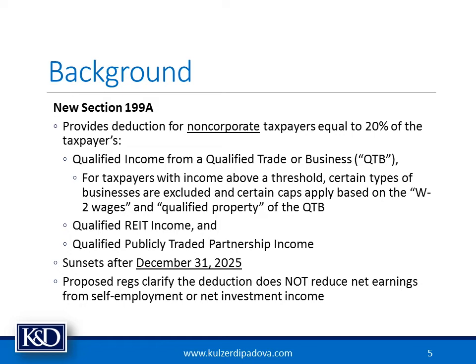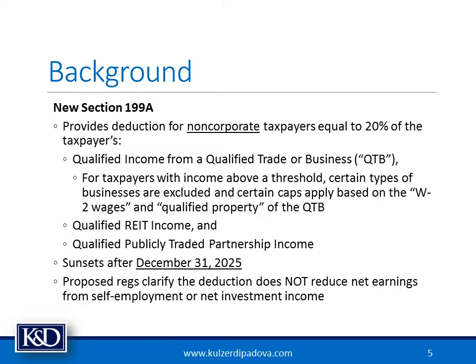The deduction is equal to 20% of the income from that business, and if you are above a certain income or taxable income threshold, then there are other limitations that may apply. Limitations based on the wages paid by the business, property owned by the business, or the type of business that it is. There's an additional deduction for qualified REIT and PTP income.